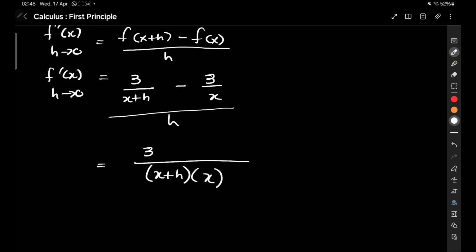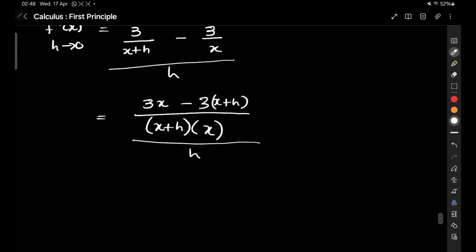And if we do cross multiply, we have 3x, and on the other side, we have minus 3 times x plus h inside brackets, just like that. Remember, everything is still over h. I know this might be a bit confusing, but if you did your fractions back when you were still in grade 8, grade 9, I'm sure you'll be able to follow through.